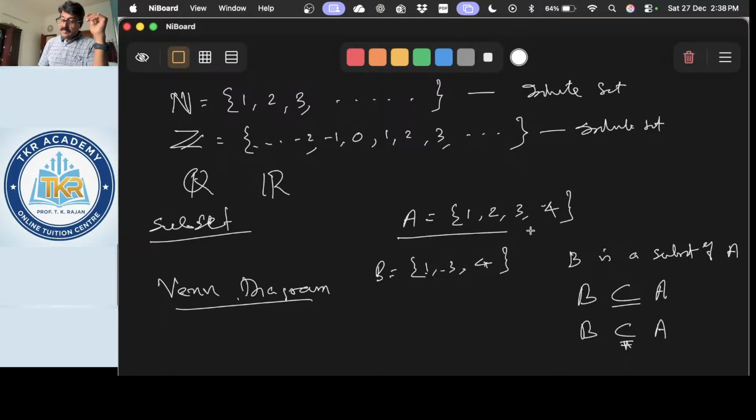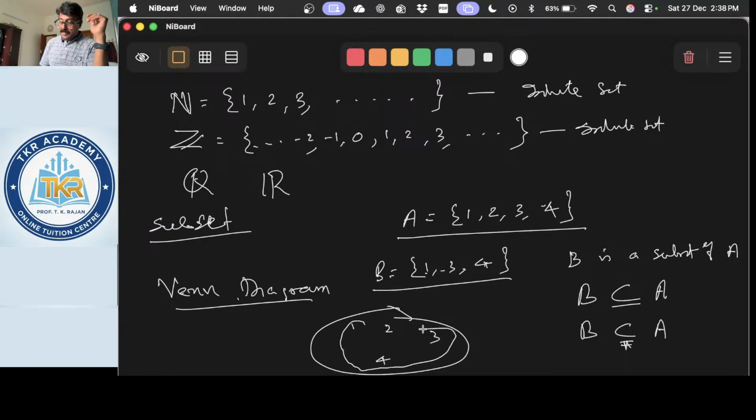Here we have A equal to 1, 2, 3, 4 and B equal to 1, 3, 4. This is A with 1, 2, 3, 4, and this is our B with 1, 3, 4.